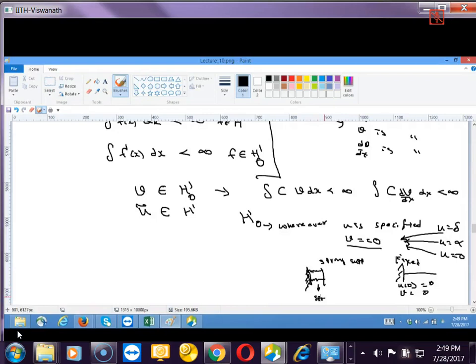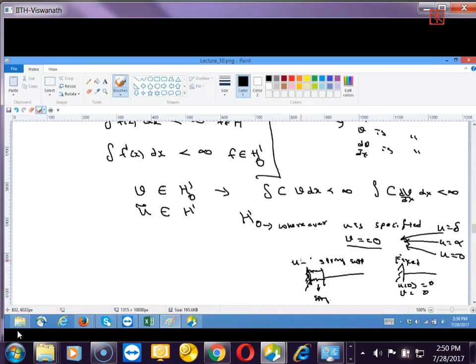Because this is an elastic foundation, this spring support is nothing but what you feel when you jump on the mattress in your home: with each jump you will see a spring action. So the end where your legs are supported is not fixed, but a spring support. If you jump on the floor, it also does this, but it is so small that you cannot differentiate it; that is very similar to a fixed support. Here U is equal to some delta at this place, U of 0, but at that place V is still 0.